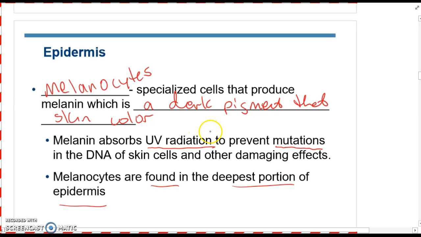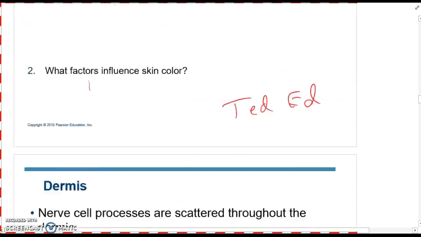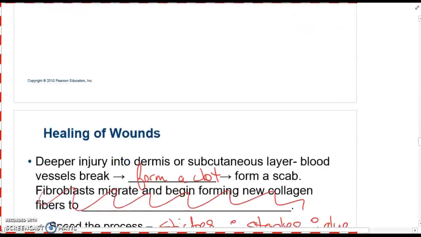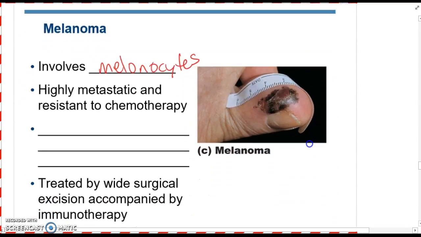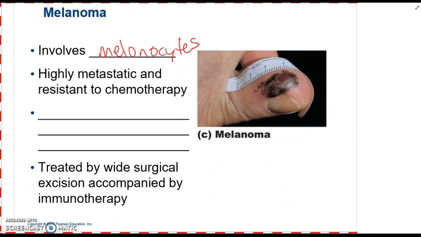That's what absorbs the UV radiation and prevents mutation from causing cancer. So when you're saying you have melanoma, what's actually being affected is those melanocytes, which would absorb UV radiation and prevent cancer. Sorry if this is making you dizzy.